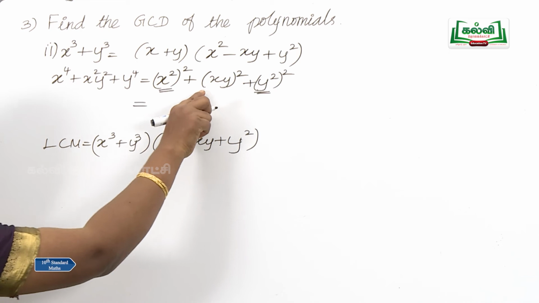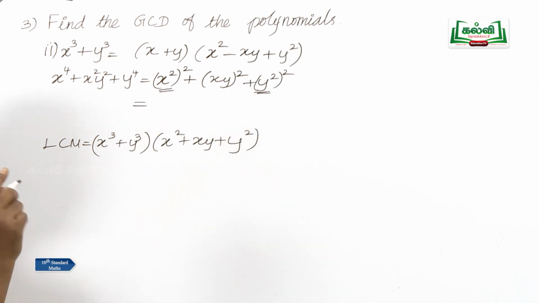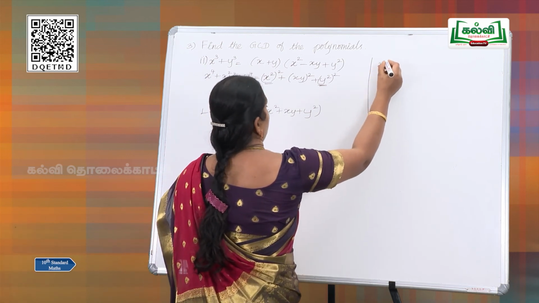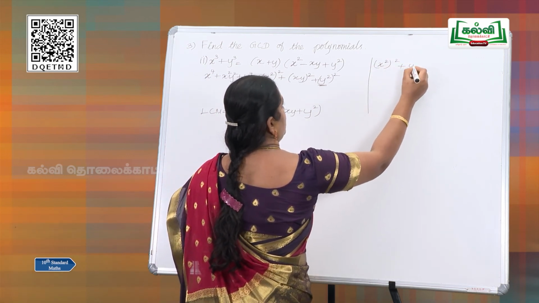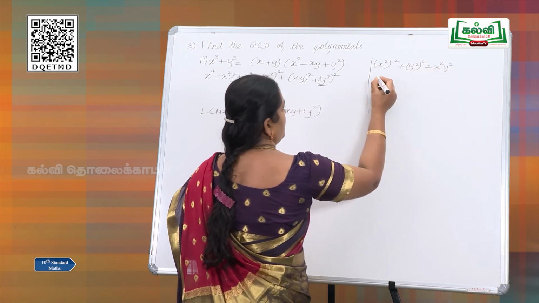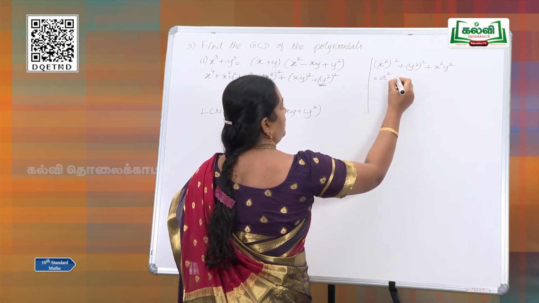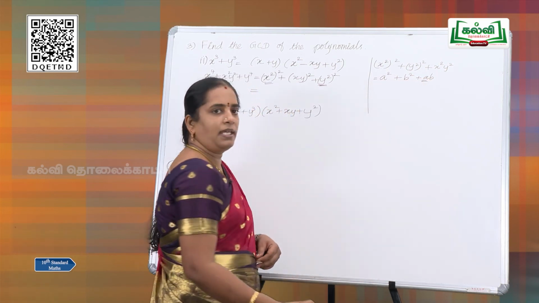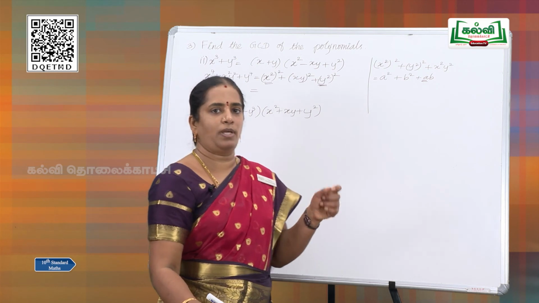So, this can be taken as x square into y square, which is ab. So, I am going to write this as x square the whole square plus y square the whole square plus x square y square as a square plus b square plus ab, since a is taken as x square and b is taken as y square.